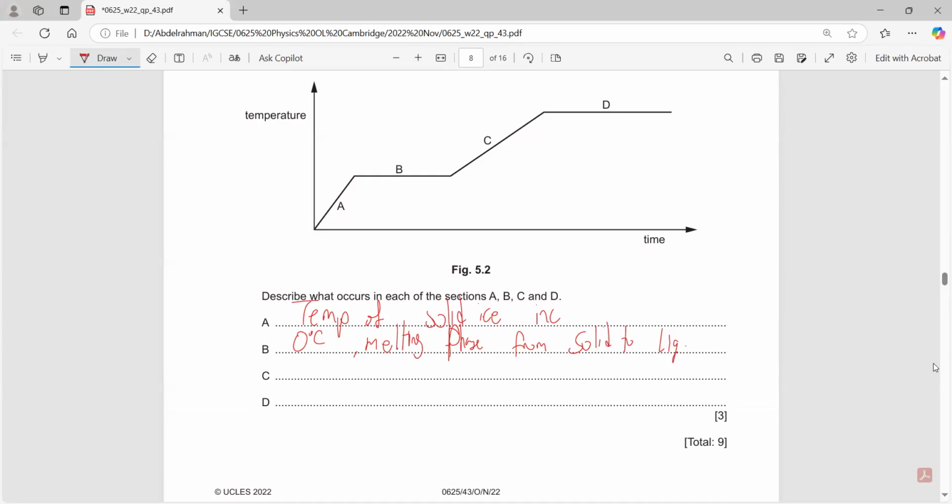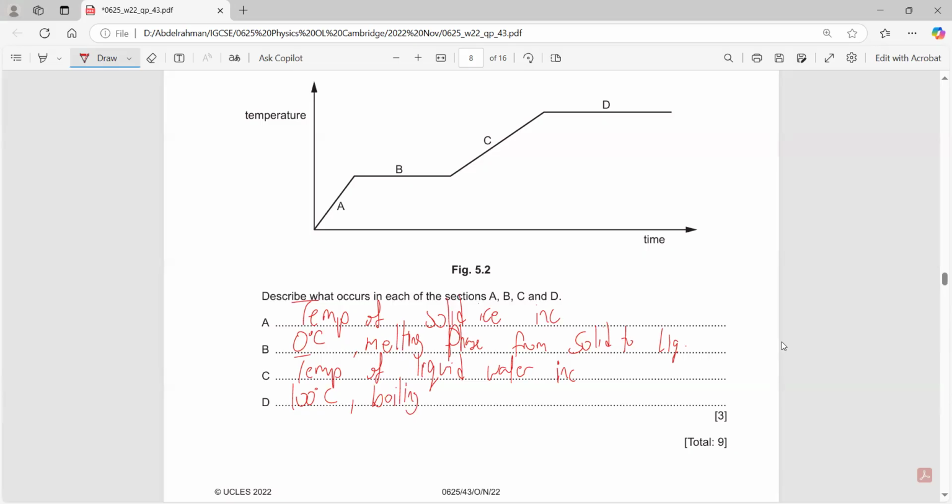And then in C, what's happening? It's all liquid now. The temperature of the liquid water increases. And then in D, it's boiling. It has reached 100 degrees Celsius.